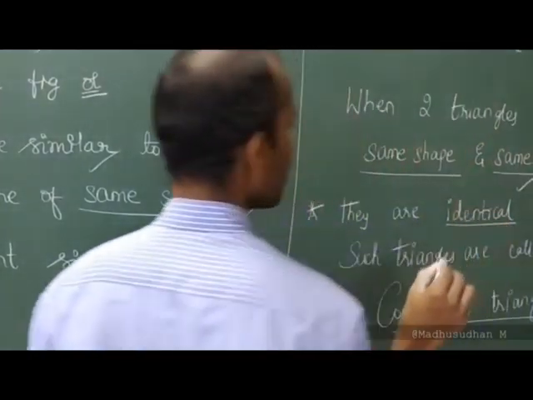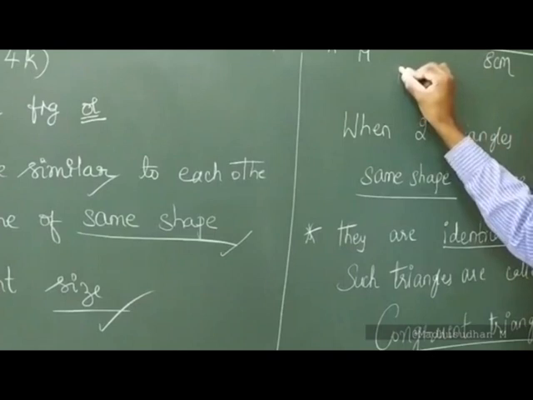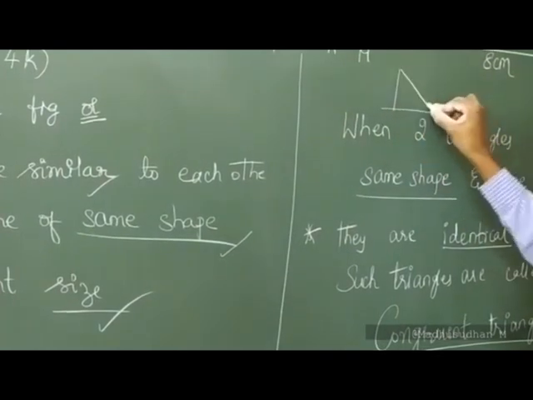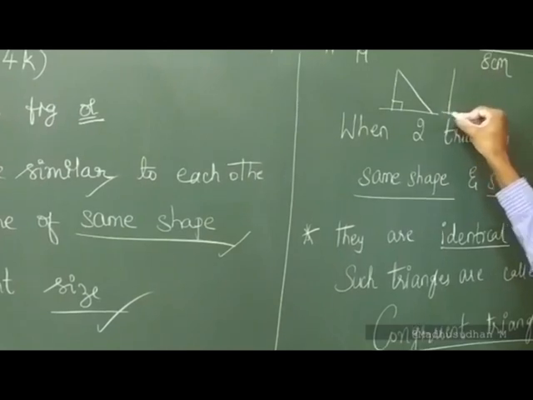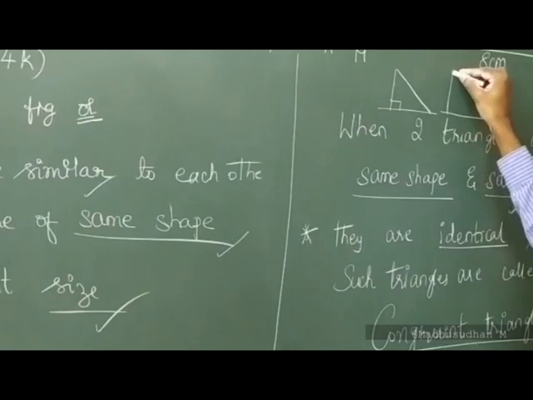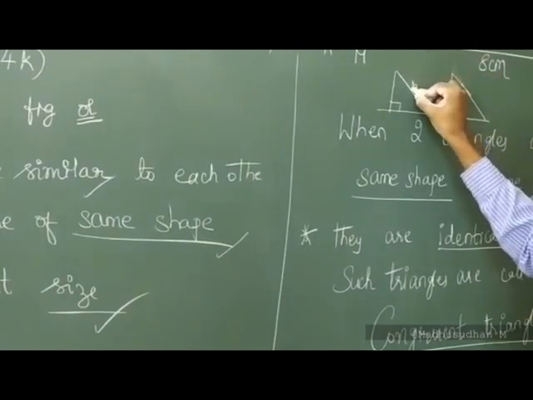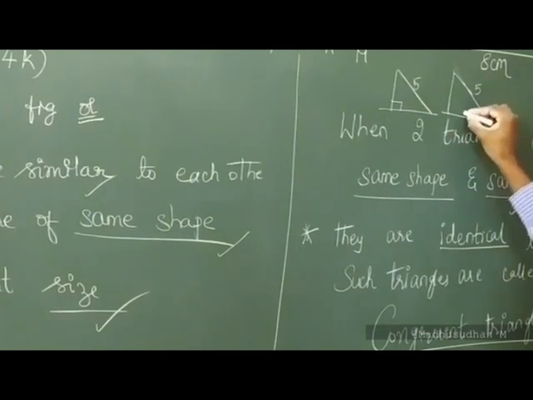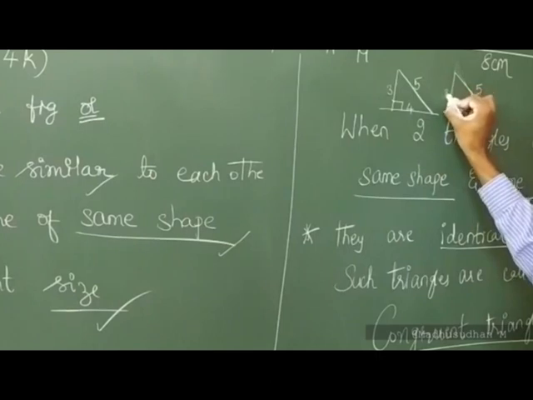So if I have to give an example for this, let me write, if this is a right angle triangle, one more right angle triangle would be exactly identical, in every way they are exactly equal. So if this is 5, this is exactly 5. If this is 4, this is exactly 4. And this is 3, this is exactly 3.